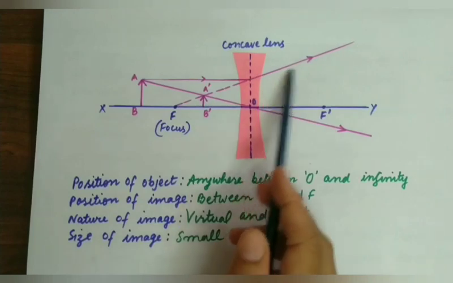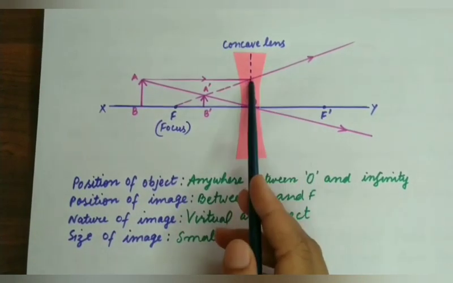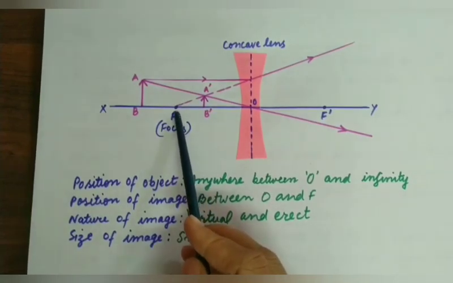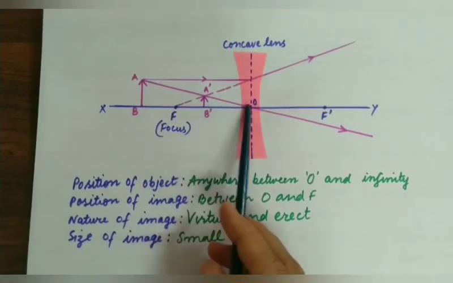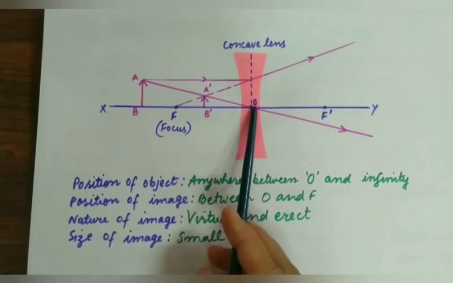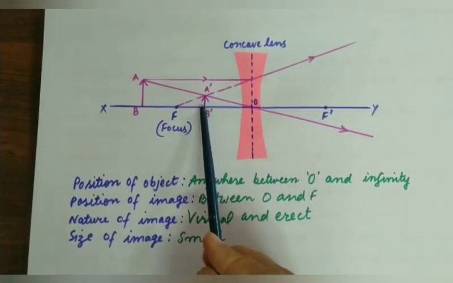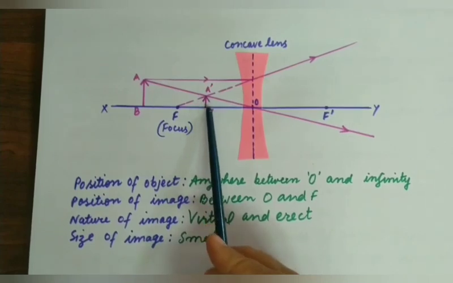After refraction it will diverge. If we extend this refracted light ray backward, it will pass through the focus. The other light ray which is passing through the optical center of the concave lens will move undeviated. So this is the position where the image will be formed.